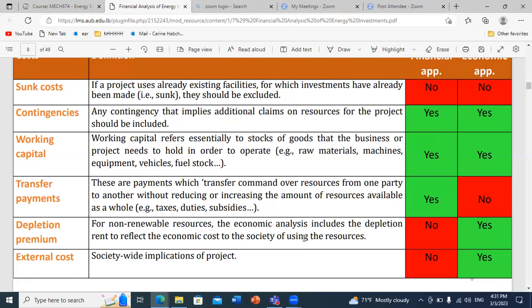External cost, as we said, is the society-wide implication of a project. So any effects that can result from a project on the society and can have economical implications, like health effects, or bad environmental effects, etc., should be taken into consideration in the analysis.